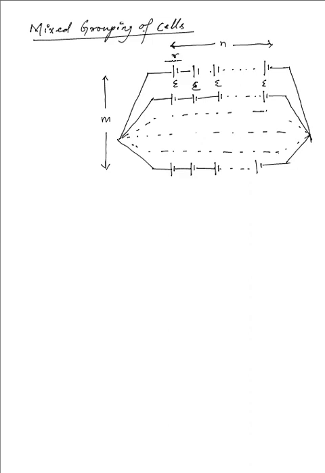So the total number of cells that are there, let that be equal to capital N, which is equal to m multiplied by n, obviously, because we have m number of cells arranged column-wise in each column, and we have n such columns.